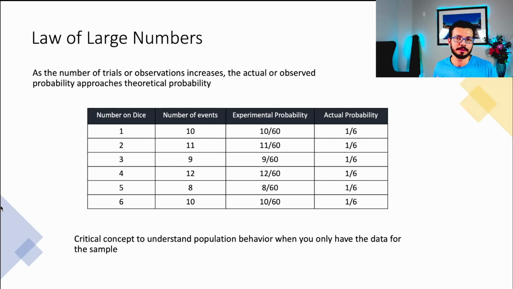We conduct the experiment with a smaller group of people multiple times. Once you do that, you will start to see that a particular probability that you would like to calculate will start to converge to a particular point. And that could be your observed probability, which will be fairly close to your actual probability. We will elaborate a lot more on this particular topic as we move forward in subsequent videos.